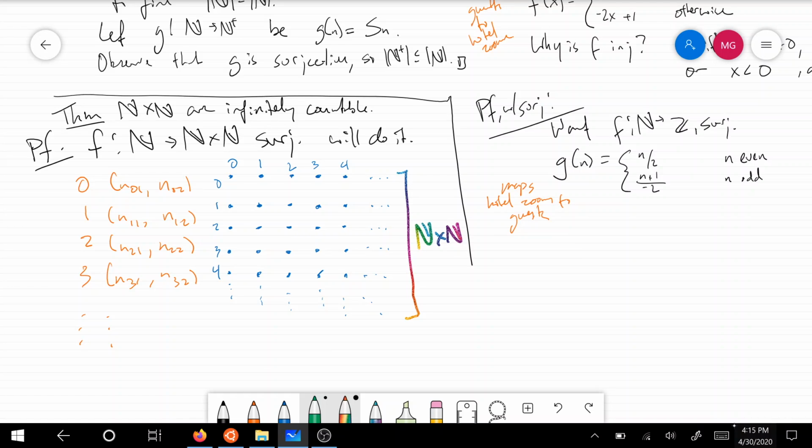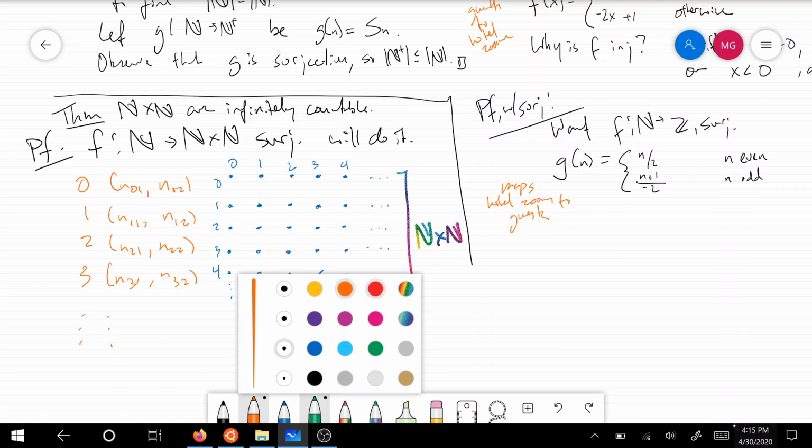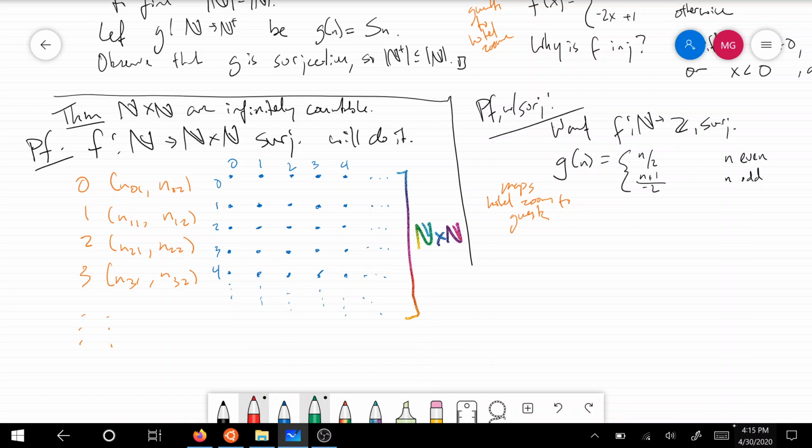Okay, so what I'm going to show you now is that we can find a path through this that gives us a number. So here's 0, 1, 2. And then we'll just zigzag. 3, 4, 5, 6, 7, 8, 9.